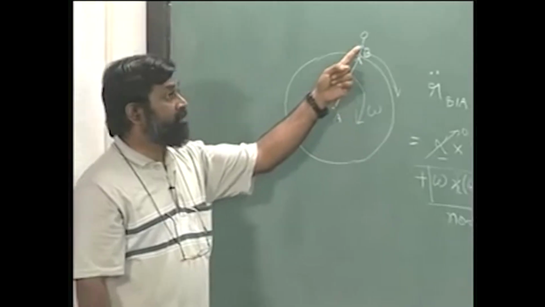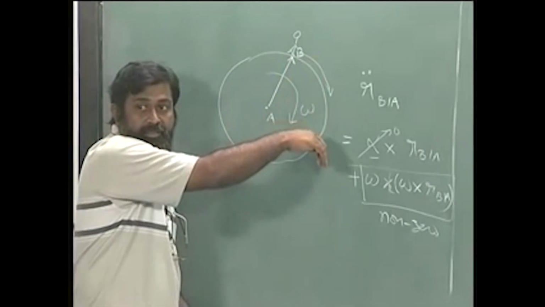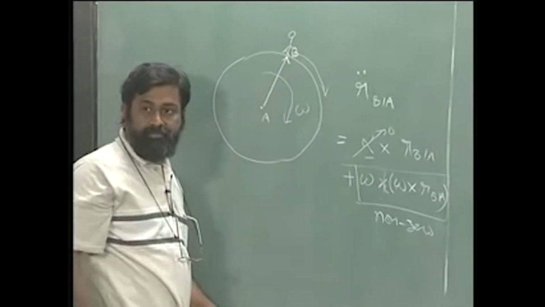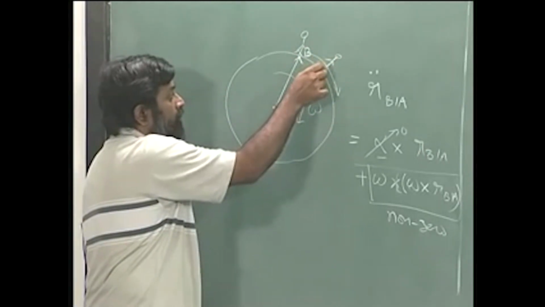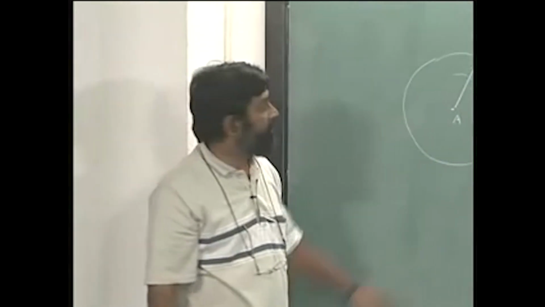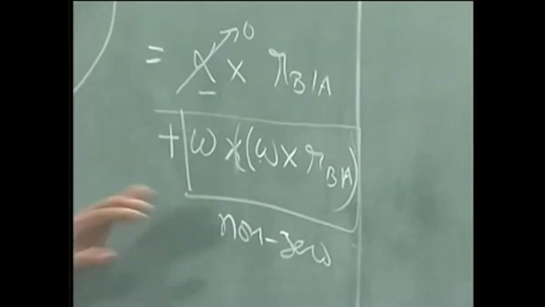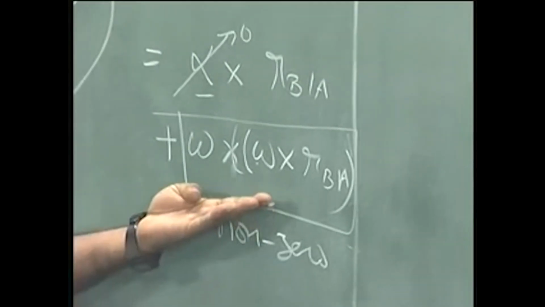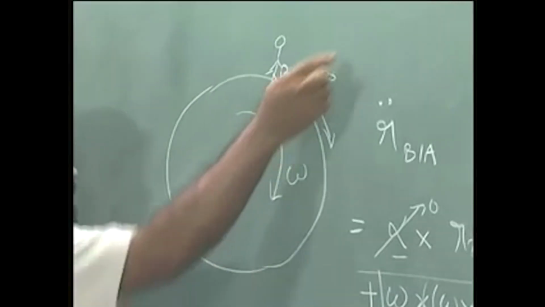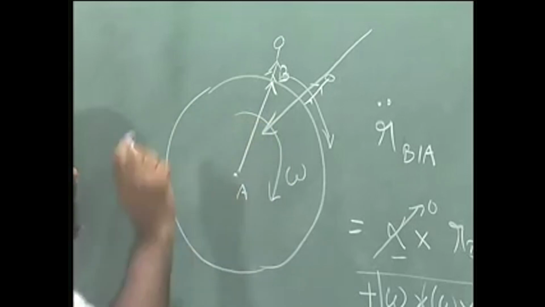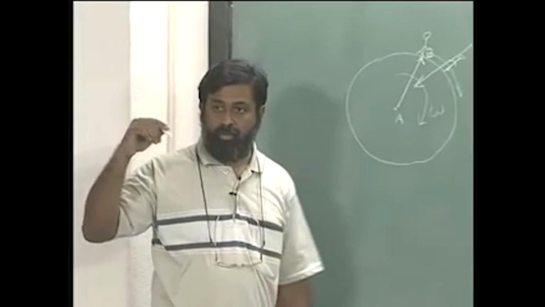So, a man standing on the equator will see an acceleration inward, okay, when he moves from here to here, right, and that is given by this. The rest of it is not very difficult for you to find out. The direction is very simple. The acceleration is directed towards the center of the earth or towards the axis.